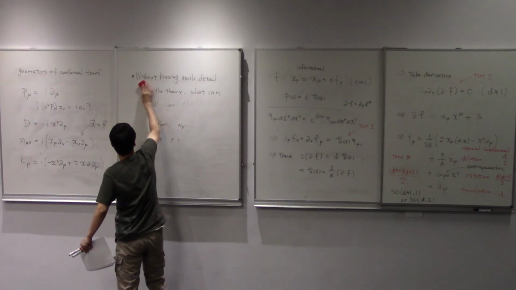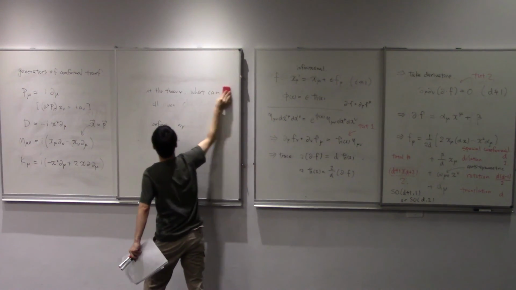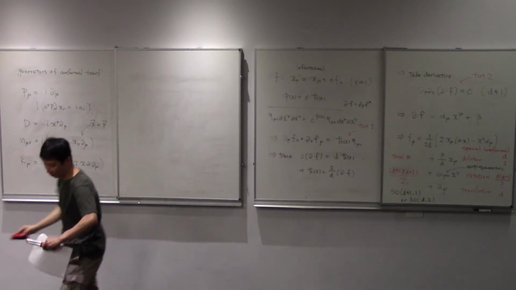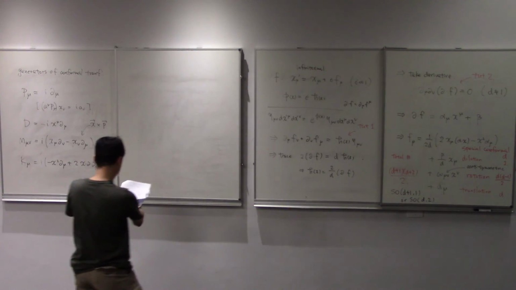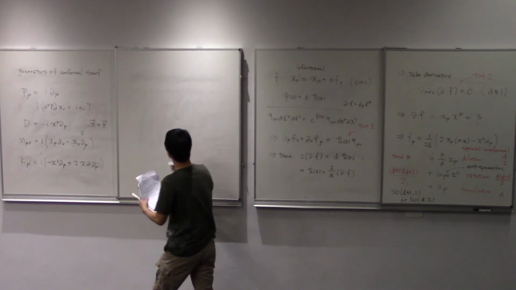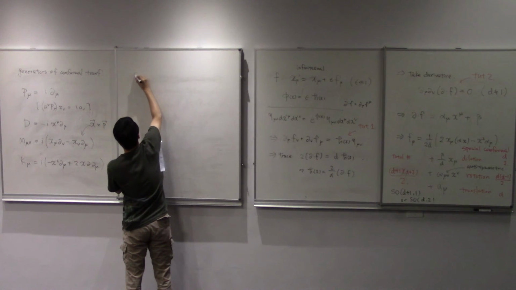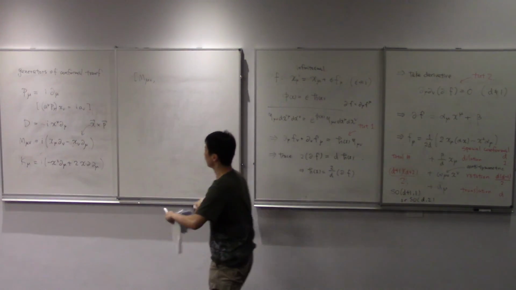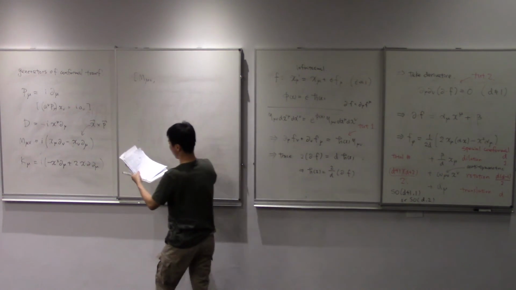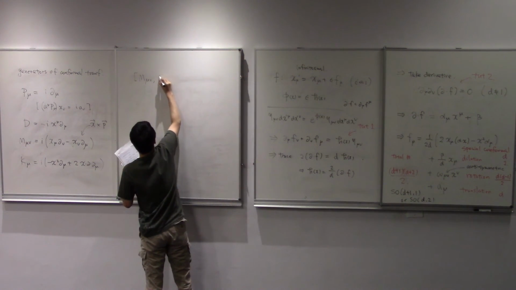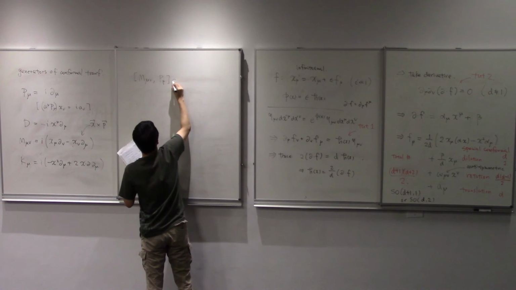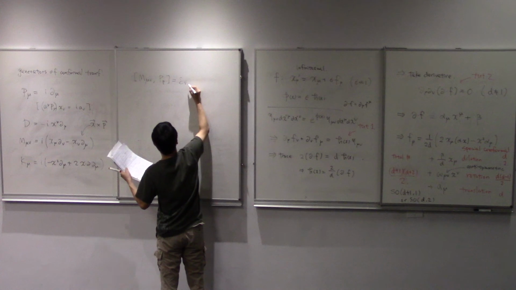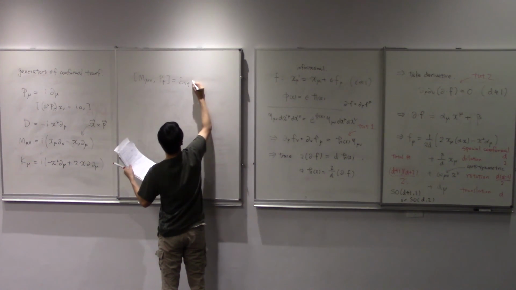Then I write down the algebra which you have to show in the tutorial. So these forms are closed algebra. Okay, this is going to be long, so I will write it later.